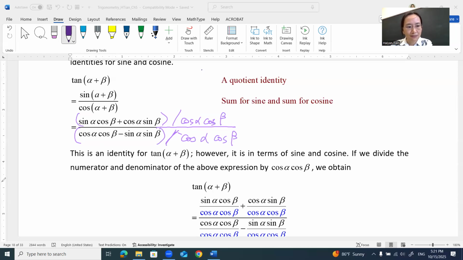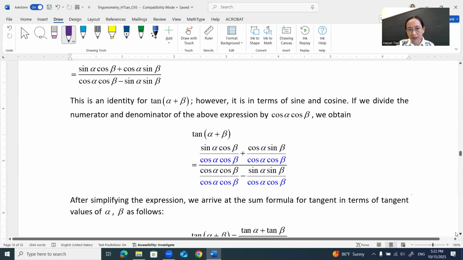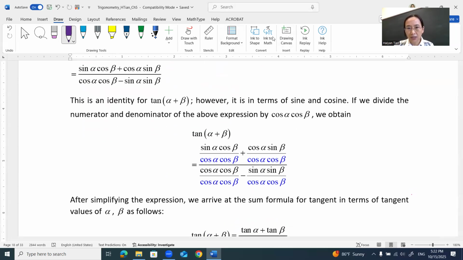So what happens? Let's reduce it. Once you divide, each term in the numerator is divided by cosine alpha cosine beta.